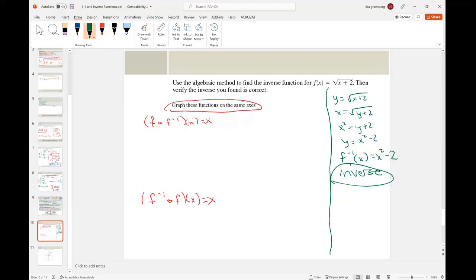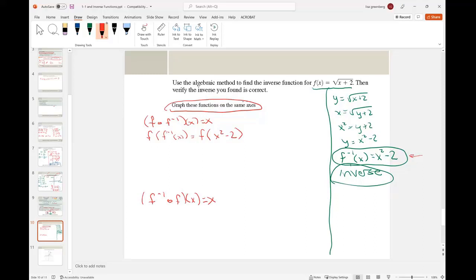Then verify. Now comes the verification part. So I know f of x is equal to this, and I know f inverse of x is equal to this. And here's how we're going to do it. I'm going to say this is f composed with f inverse of x, which is f of, and here's my inverse, x squared minus 2.